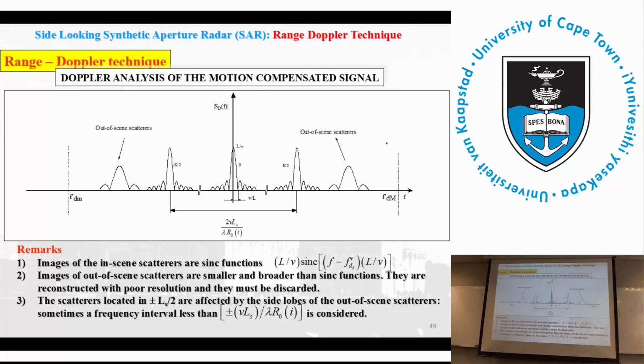So these are sinc functions. I know what the resolution is, and this is good for all the in-scene scatterers. For those who are sitting outside that area, I see again a sinc function, but this is different. It's lower, and it's wider. And why so?